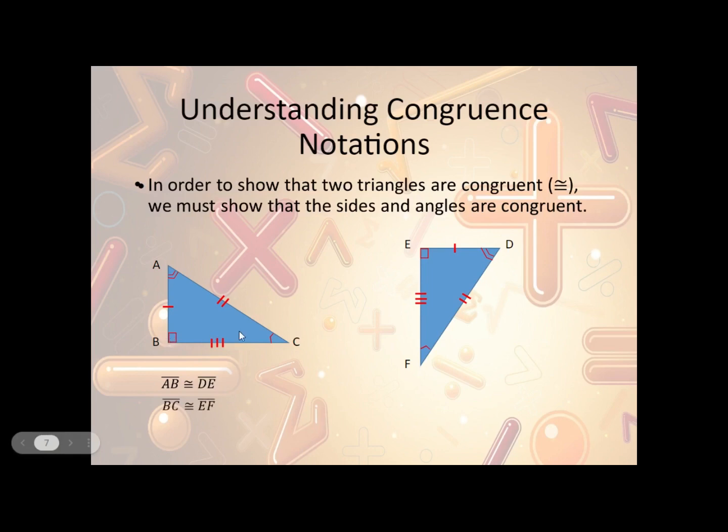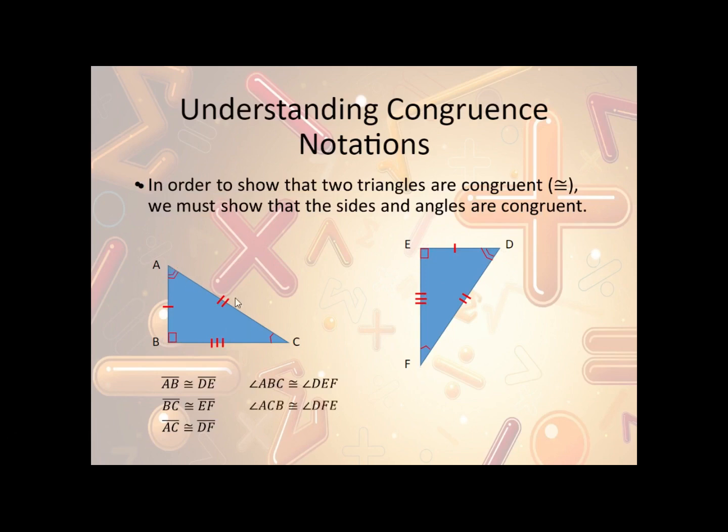Then we have BC is congruent to EF, and AC is congruent to DF. So those show that all the parts are congruent. Then I have my angles. Angle ABC is congruent to angle DEF because they're both 90 degrees. They both have the box.